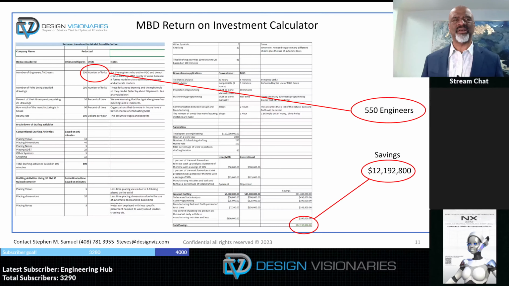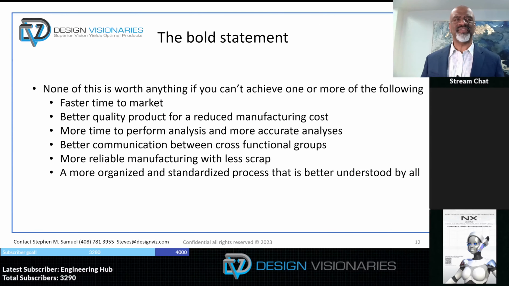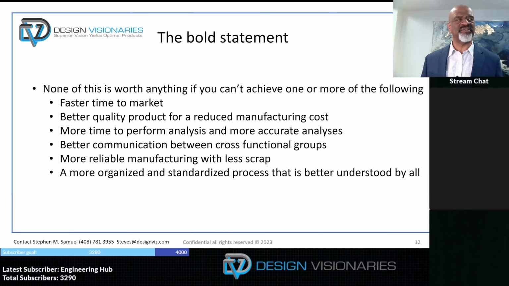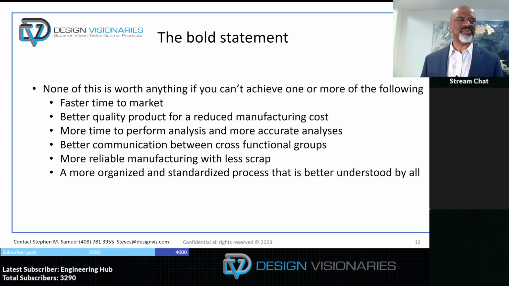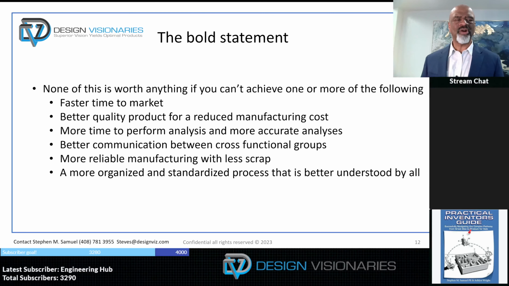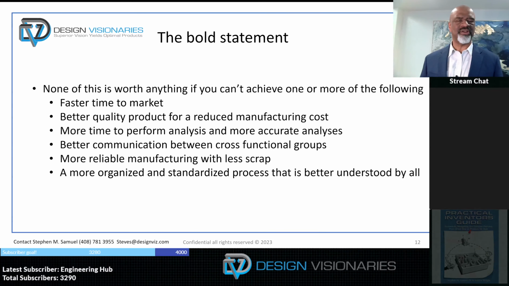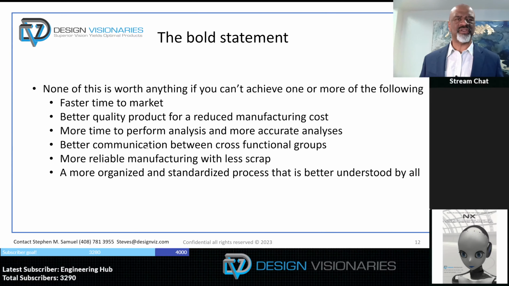I'm going to make a bold statement and say, none of this is worth anything if you can't achieve one or more of the following: a faster time to market, better quality product for a reduced manufacturing cost, more time to perform analysis or more accurate analyses, better communication between cross-functional groups, or more reliable manufacturing with less scrap, or at least a more organized and standardized process that's better understood by all. So if you don't realize from model-based definition one or all of these, then it's not worth anything.